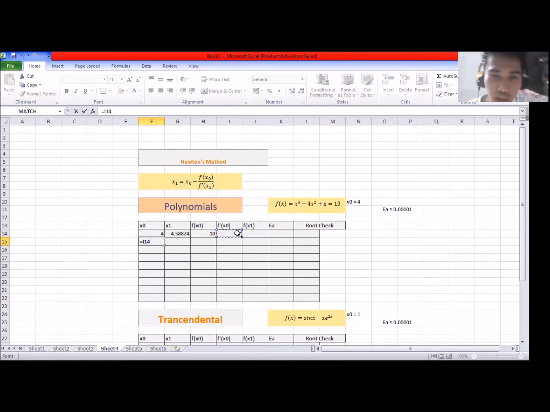Before that, we need to copy the initial value. We copy the value here, then here.